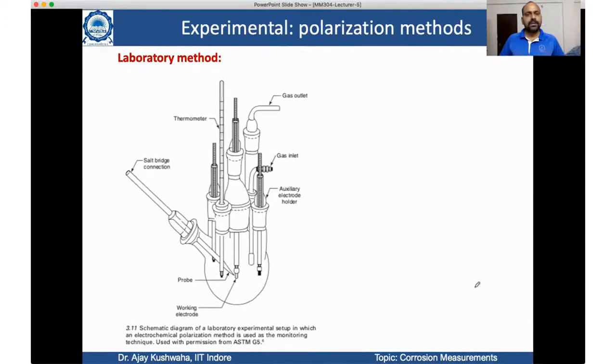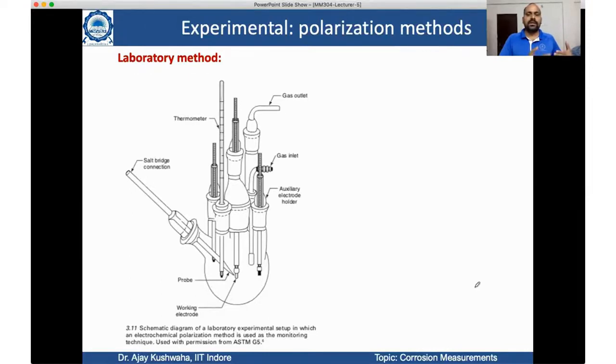In the laboratory we have a simple electrochemical cell with three electrodes. One is the counter, one electrode is the reference, and one is your working electrode, the metal on which we are going to analyze how corrosion affects it, or what the corrosion rate of that metal is.